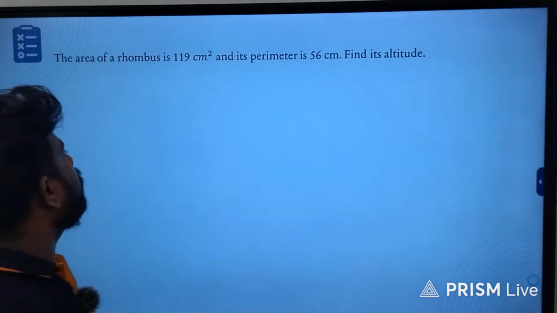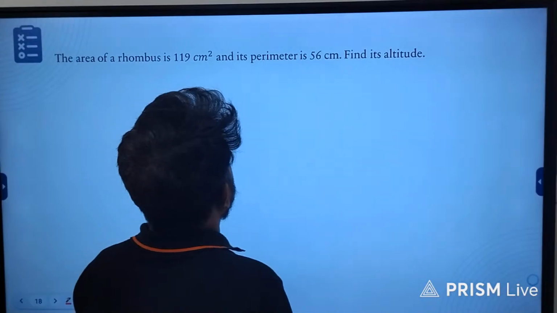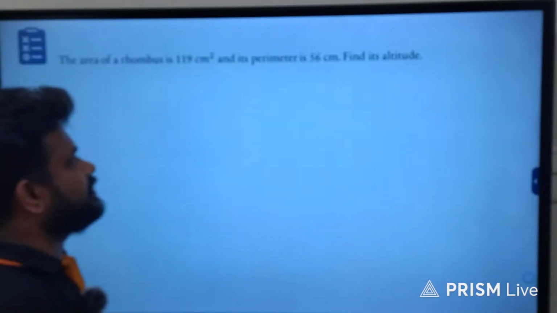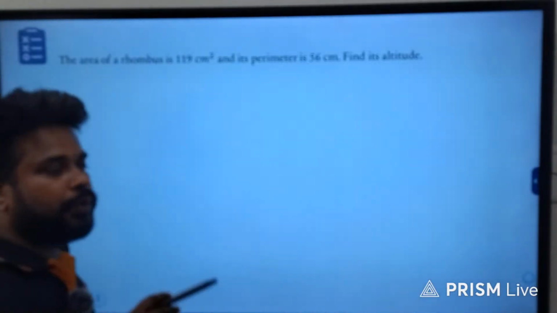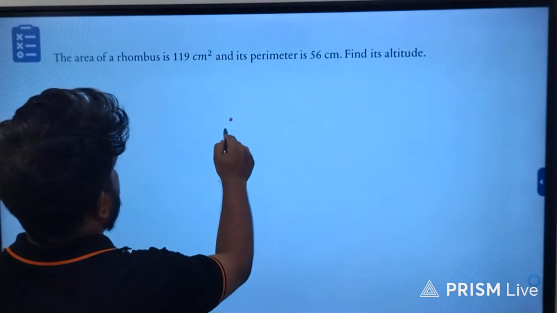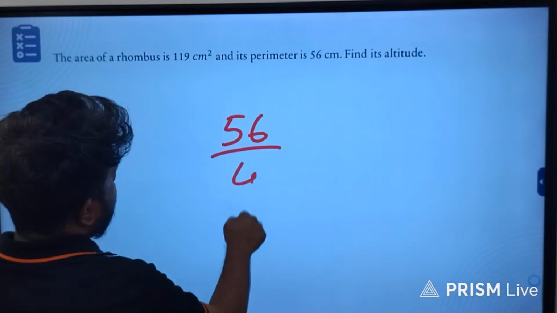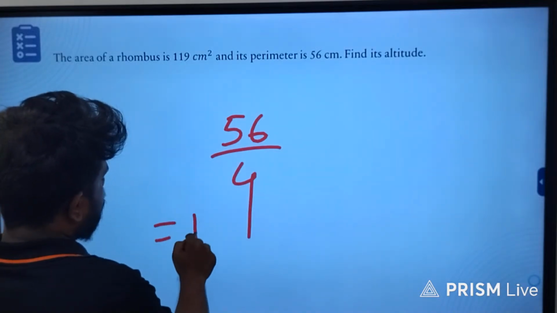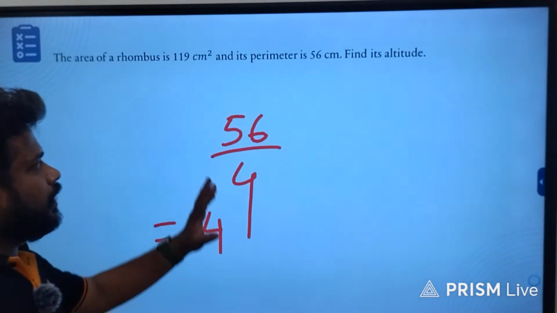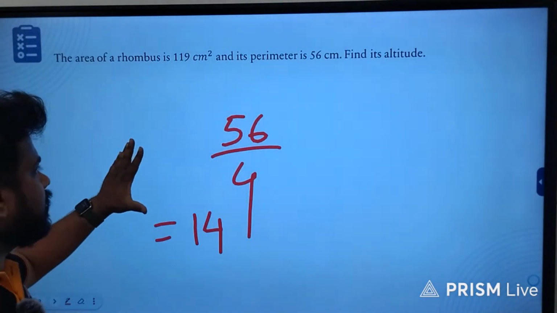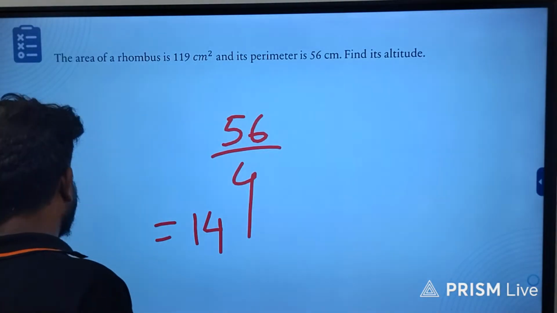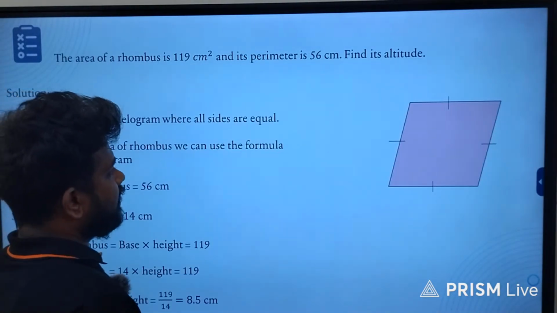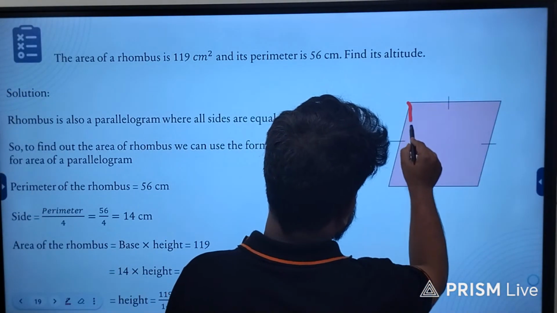The area of a rhombus is 119 centimeter square and its perimeter is 56 centimeter. Find its altitude. From the perimeter we will get the value of all the sides, because in a rhombus all the sides are equal, and from that we will get the height like this.